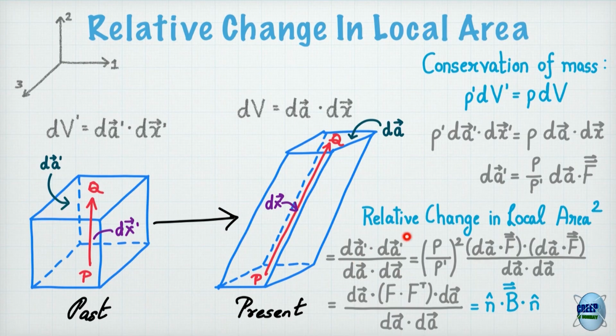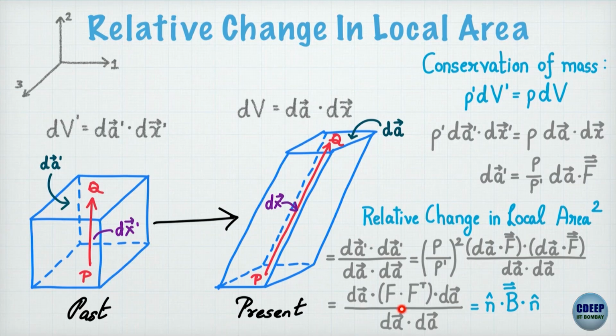We are taking a ratio of these two, that would give us a relative change, and so this is the expression that you will get. Now, dA dash dotted with dA dash, these are just scalars, you take them out. So, you get rho by rho dash square, and if you assume density is constant this is gone. Then you have dA dot F dotted with dA dot F, and in the denominator you just have dA dot dA.